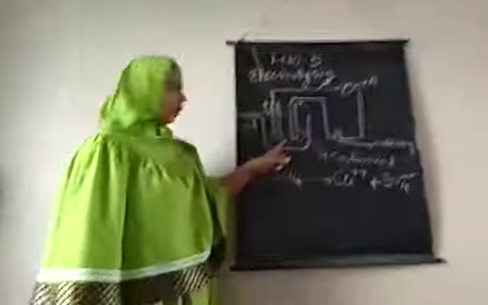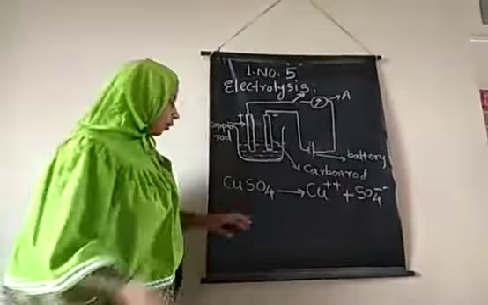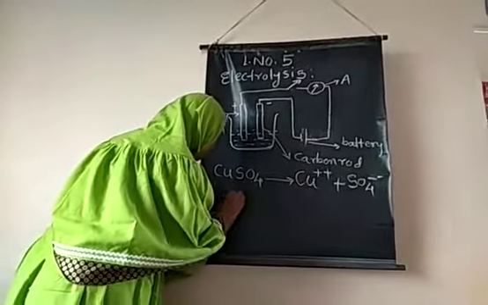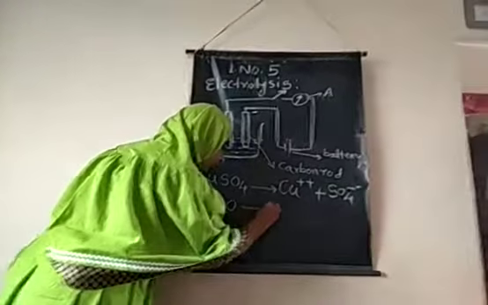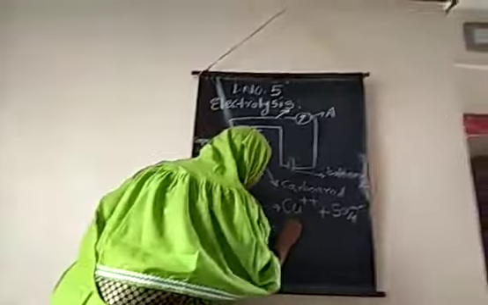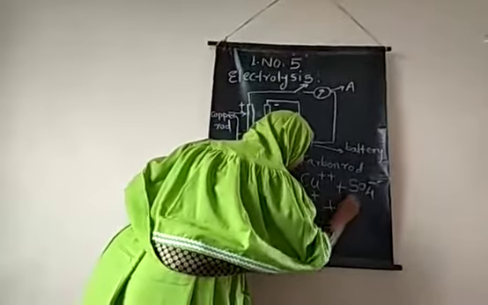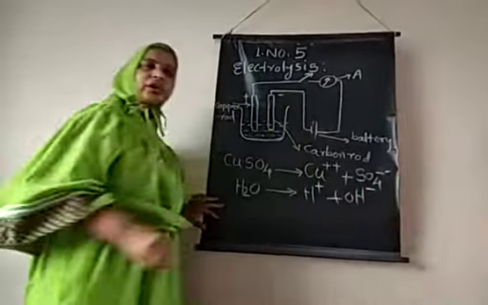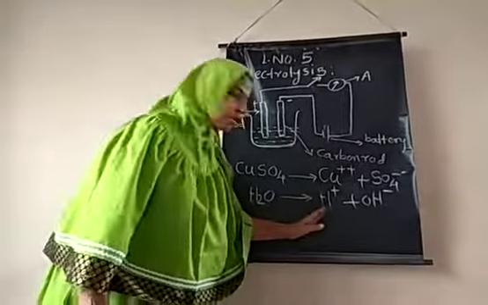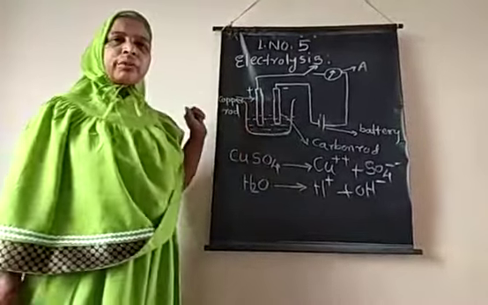When electric current is passed, the water is converted. The formula of water is H2O. So H+ ions and OH- ions already exist in the water, and they move toward the respective terminals of the battery.